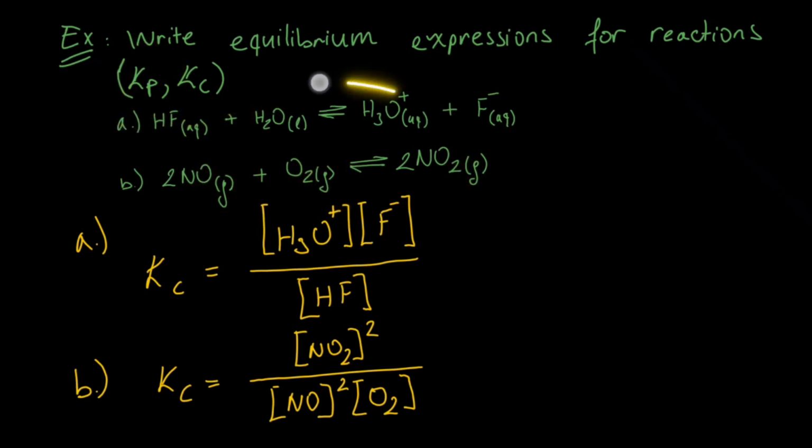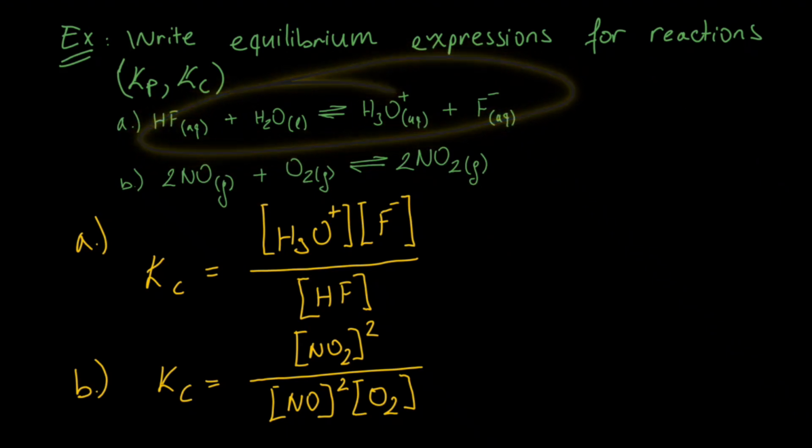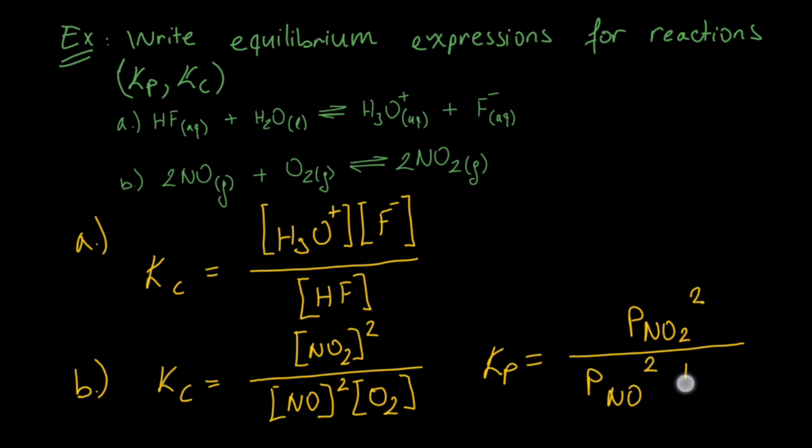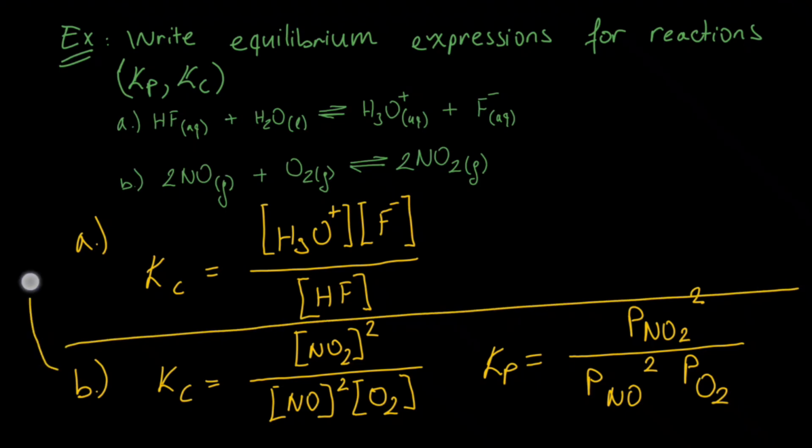In A, there is no gaseous species, and I cannot use the Kp. So in B, I can write Kp, and it is P of NO2 squared over P of NO squared times the pressure of the oxygen, and this is the Kp value of this reaction.